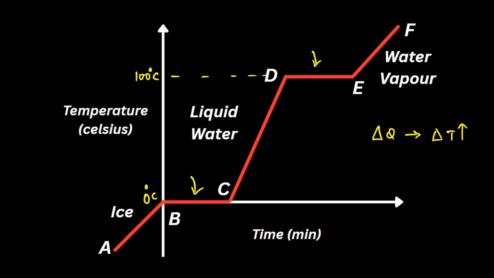The reason is that this extra heat which is absorbed here did not manifest itself in a rise in temperature. That becomes hidden, or absorbed, and that is why it is called latent heat.